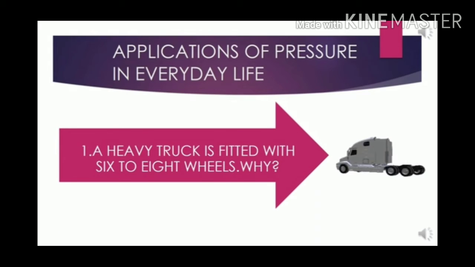After the unit of pressure, now students, I will discuss the applications of pressure in everyday life. A heavy truck is fitted with 6 to 8 wheels. Why? The reason is the relationship between pressure and surface area.